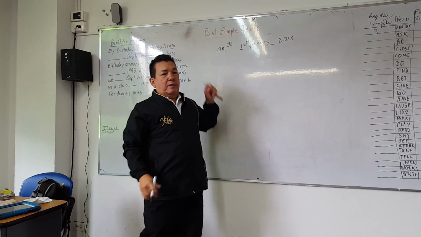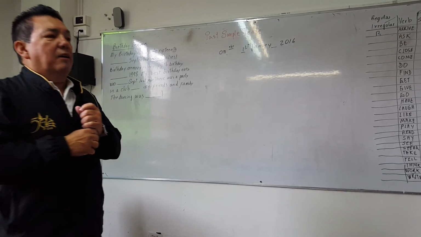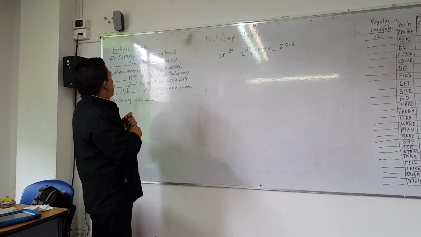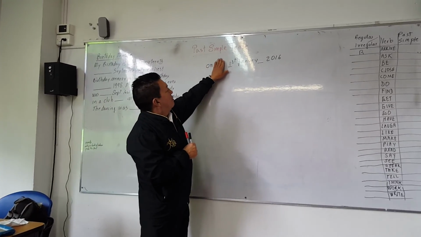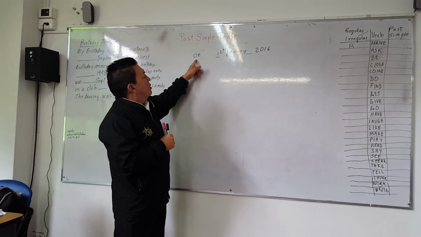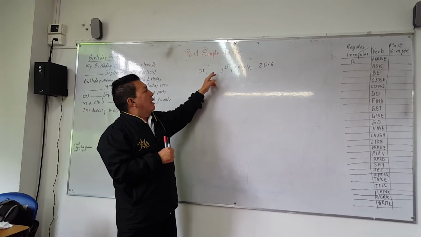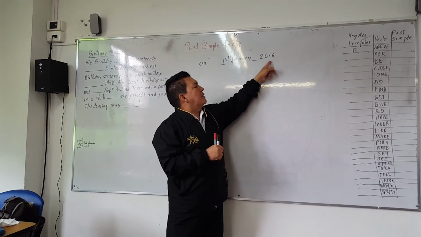Don't forget about that, because in a lot of lessons I noticed some errors and mistakes about that. Also, as I said, you can name the date with the of. On the 1st of January 2016.